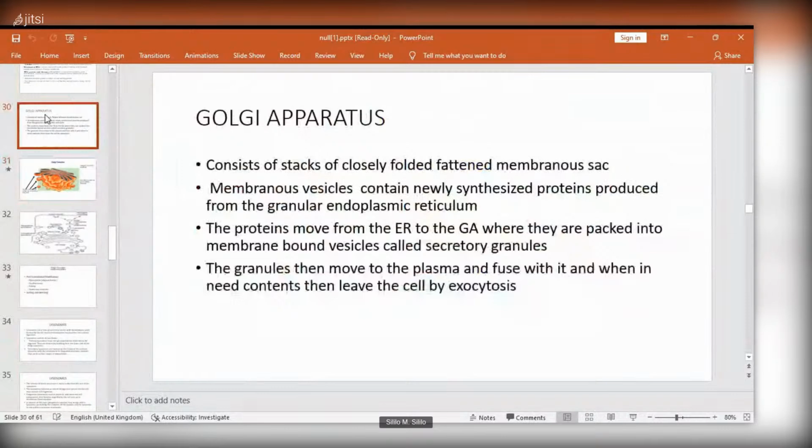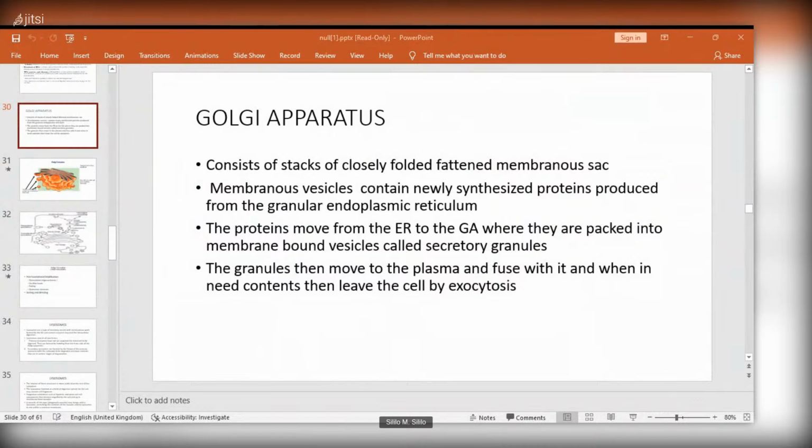Sometimes certain books say that this one is important for transportation of certain proteins that have been produced. Mainly, these are proteins that have been produced from your granular endoplasmic reticulum, meaning the ribosomes on your endoplasmic reticulum. If you remember correctly, when we were talking about endoplasmic reticulum, we said that most of these proteins are going to your cell membrane.